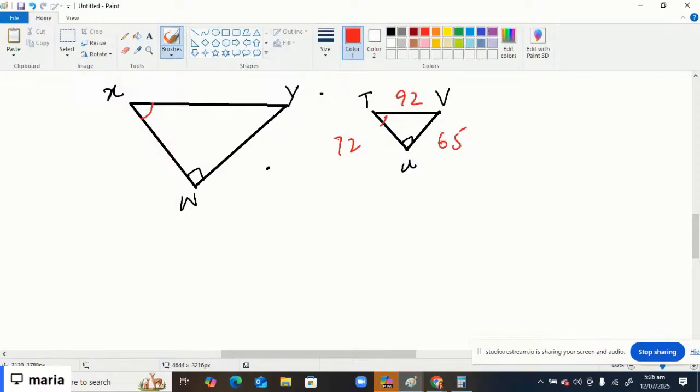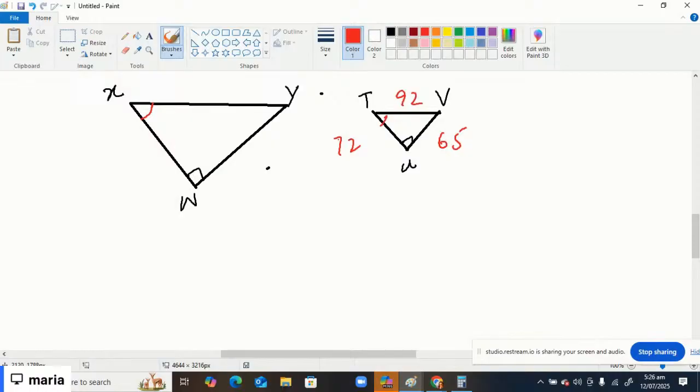How can we prove the similarity between these two triangles? If some of the angles are equal or some of the sides are equal, but side length is different. It's already shown that one triangle is bigger than the other. So we check the angles.